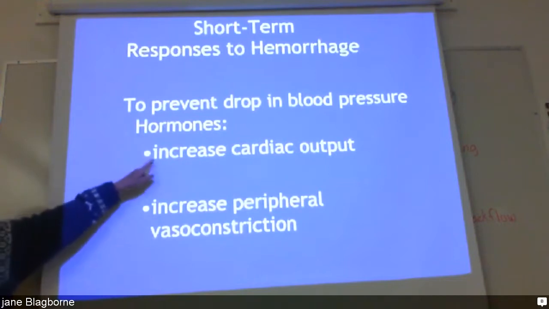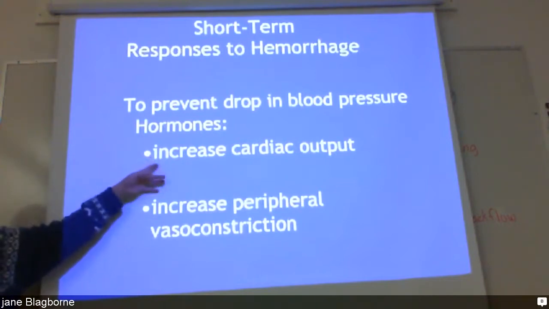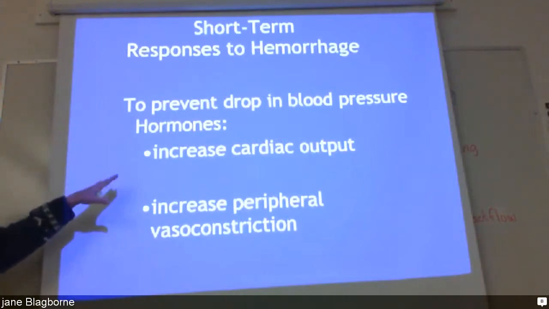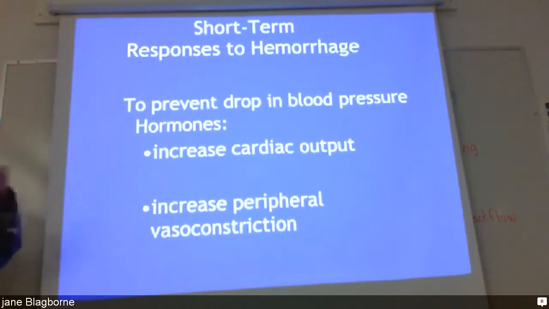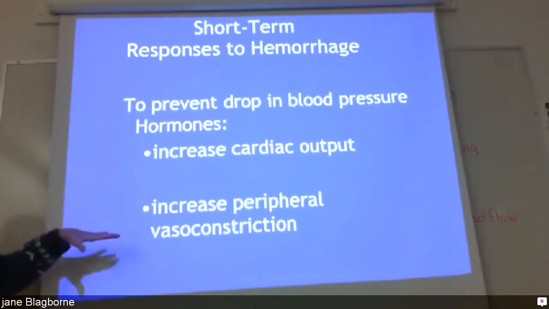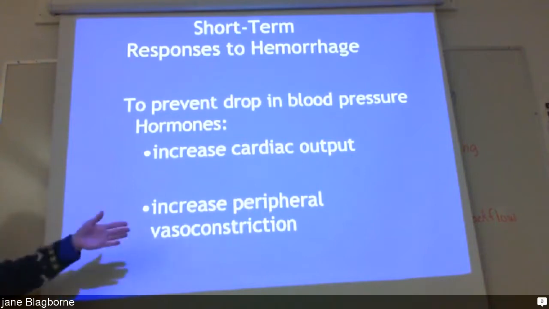The hormones that increase your cardiac output are epinephrine and norepinephrine, those good ones again. It goes to a point where people who are bleeding can maintain their blood pressure and their cardiac rate. Then suddenly, when the blood volume drops as they continue to bleed, everything crashes.